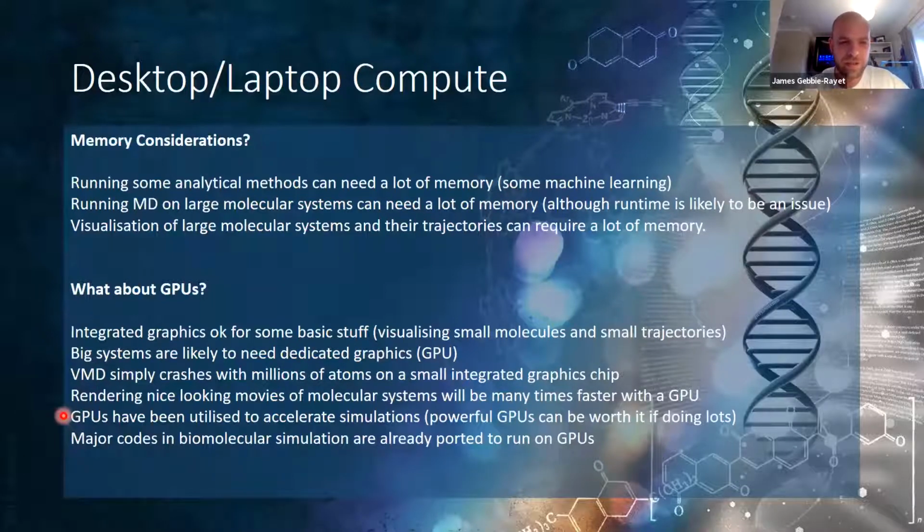Again, GPUs have been utilized in recent years for accelerating simulation codes, and some of the HPC facilities we have really high-end GPUs like the Tesla and Volta, and even now the Ampere architecture from NVIDIA. We're starting to see absolutely enormous speed-ups when running some of the popular biomolecular simulation codes on these architectures.